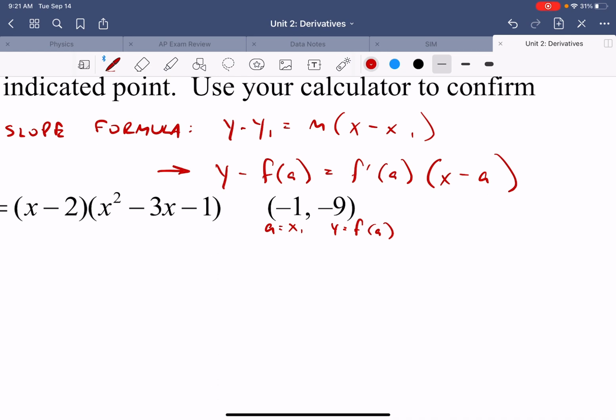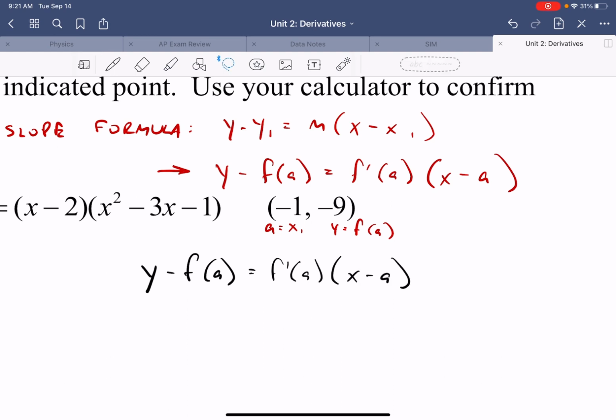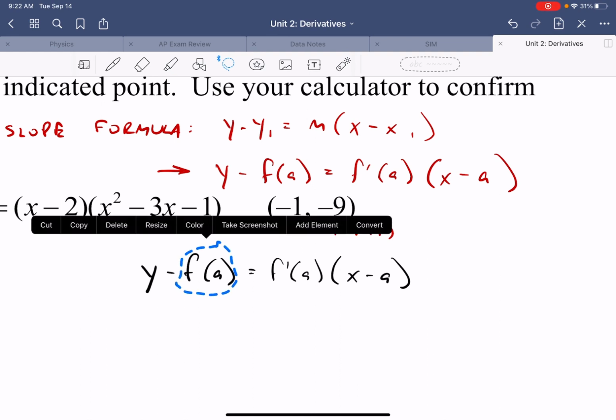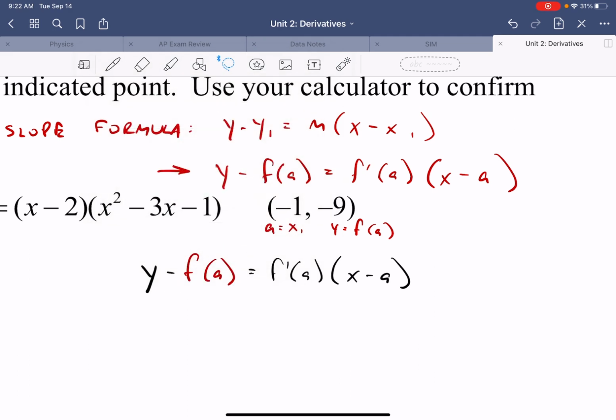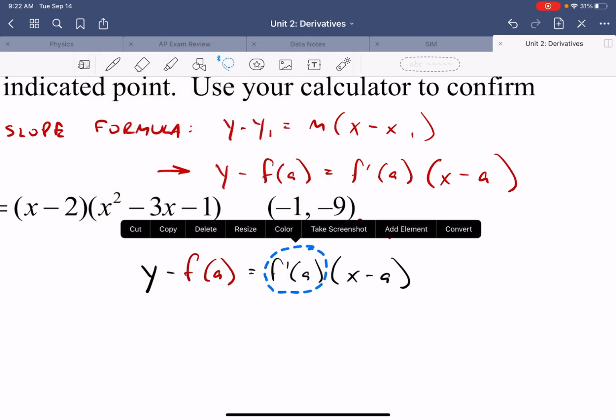So inside of this formula here, I'm going to copy it down one more time. So we have y minus f of a equals f prime of a times x minus a. And so this f of a needs to be something that we replace. F prime of a needs to be something that we replace.